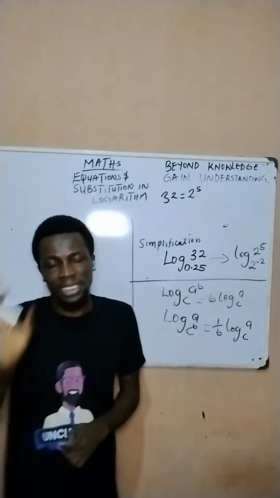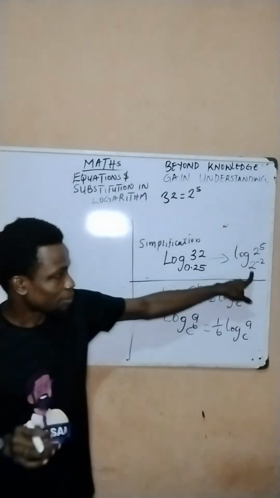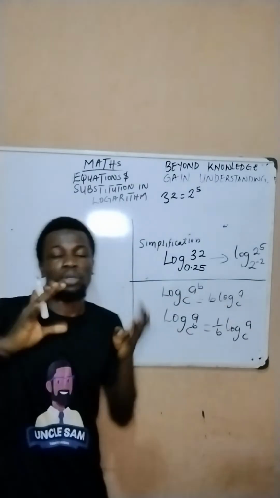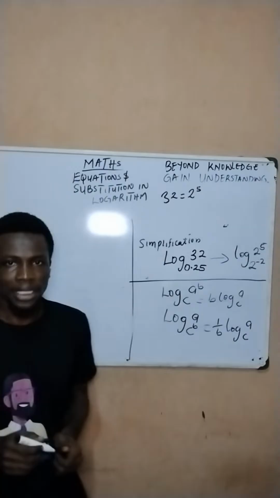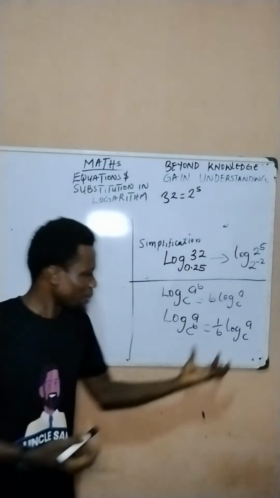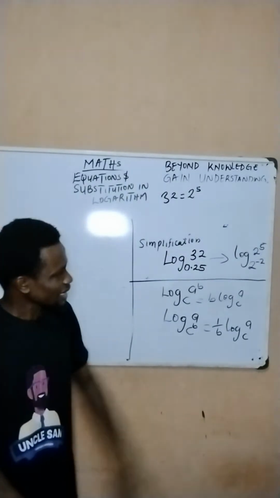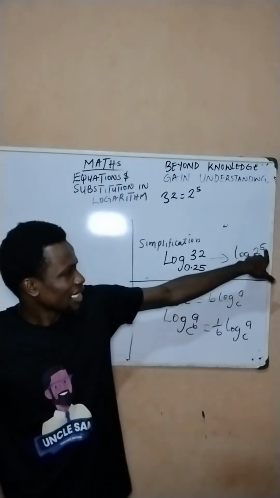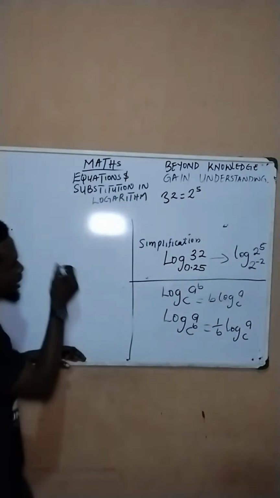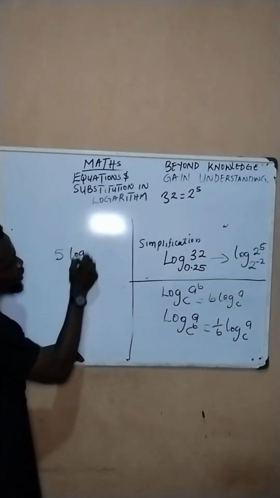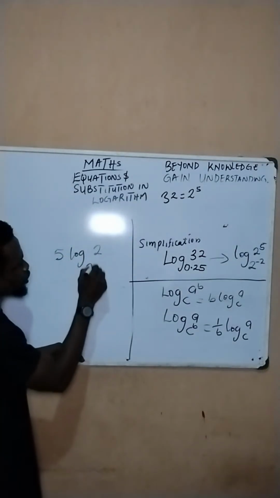So we just converted it to a fraction and applied the indices law to represent it in terms of a base and a power. This is what we have here. So what can we apply here based on this rule? We know that if the log has a power, it can become the coefficient. So this is the same as saying 5 log 2 base 2 to the power of negative 2.